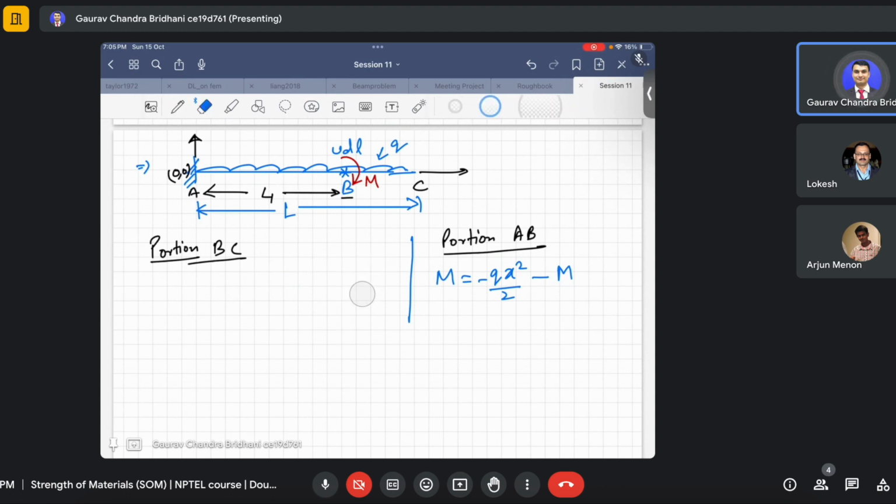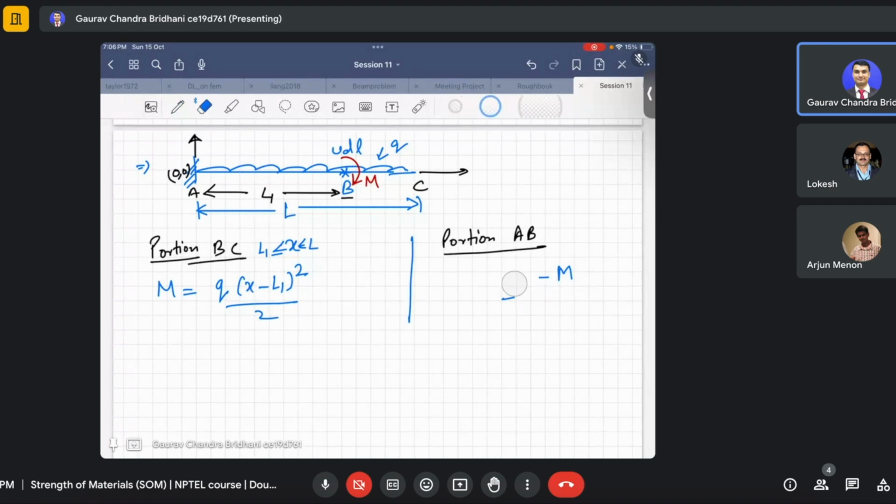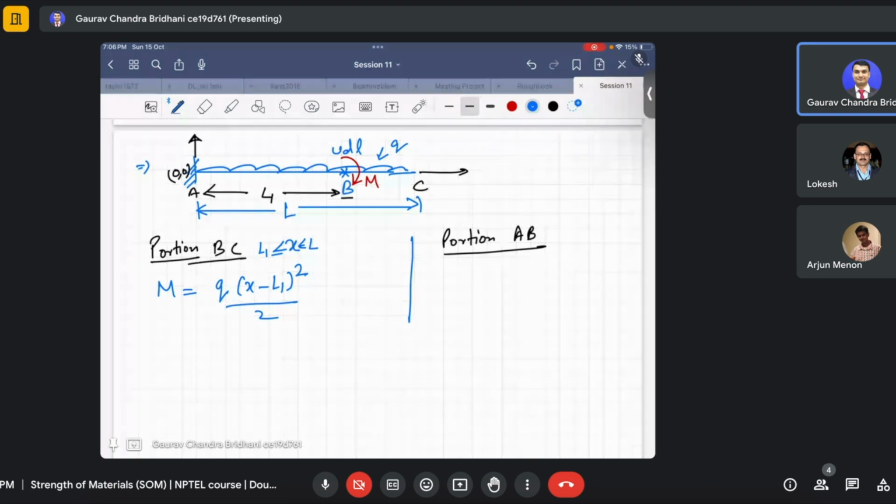So now the moment we write for BC, not that way, this way. M is equal to, we are writing at this section, and our region is this much. So when we write the bending moment here, we write q into x minus L whole square by 2, okay. Here x varies from L1 to capital L. At point L it will be 0, so I have to add minus q minus m, okay.